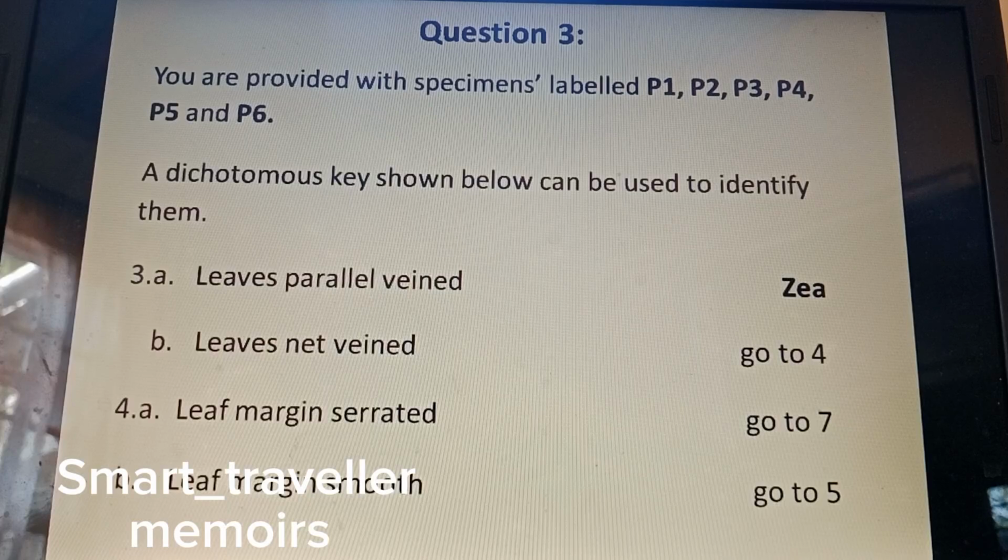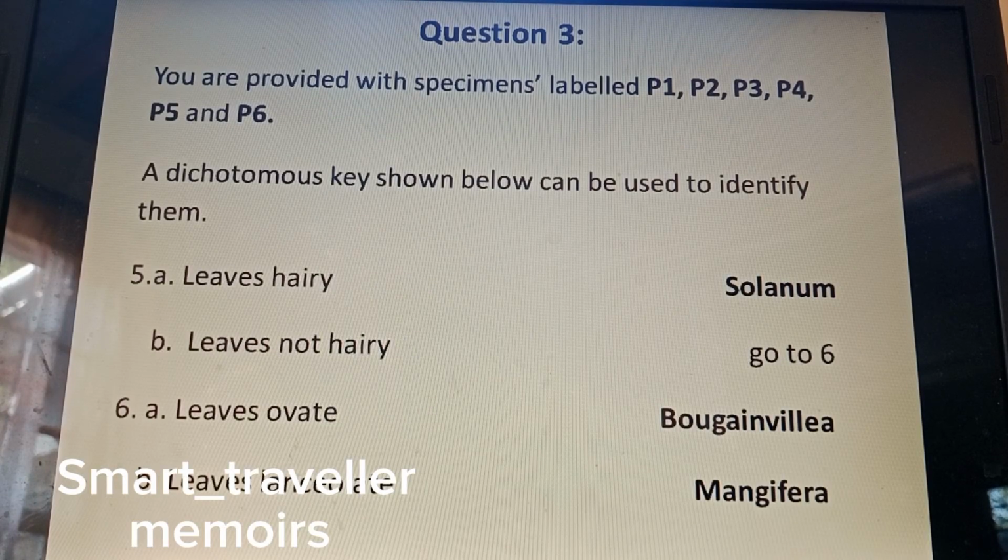Dichotomy, the comparison. 5a, leaves hairy. That one is Solanum. Leaves not hairy, you go to 6. Leaves ovate, Bougainvillea. Leaves lanceolate, Mangifera.